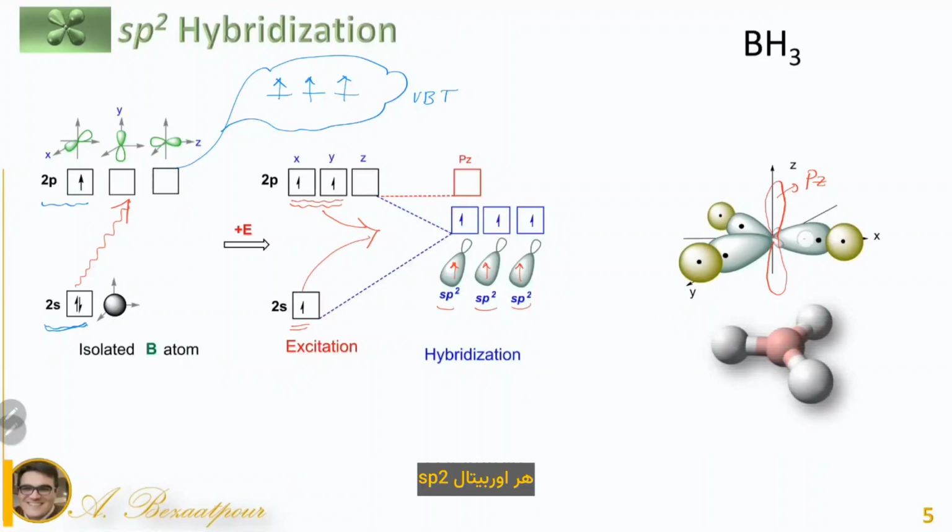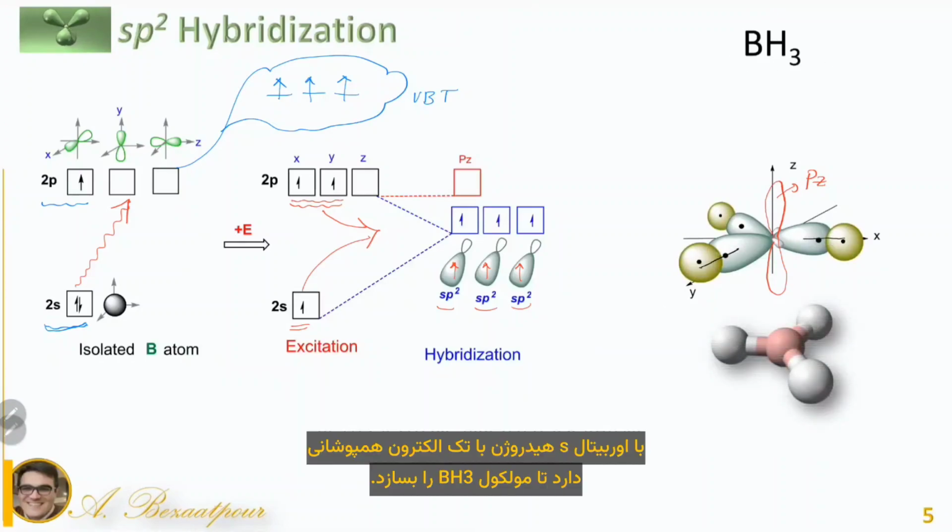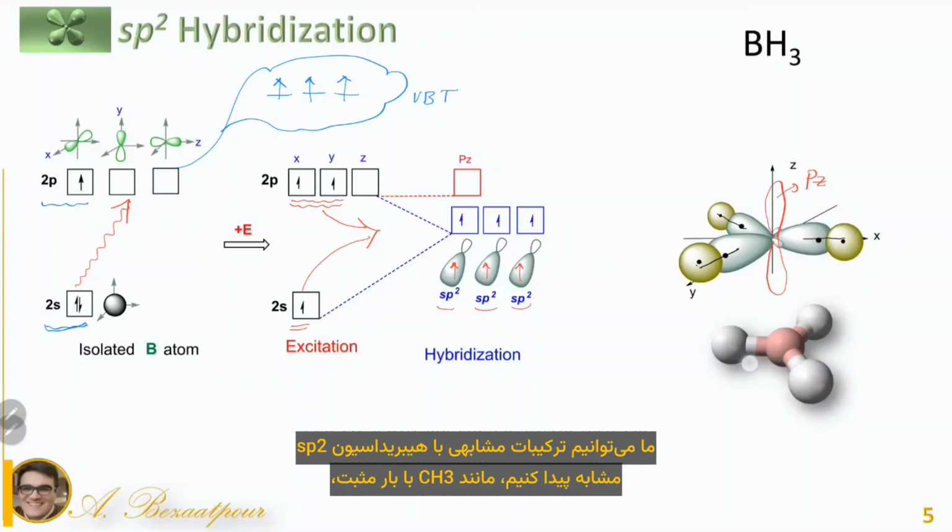Each sp2 orbital overlaps with s orbital of hydrogen with single electron to make a BH3 molecule.